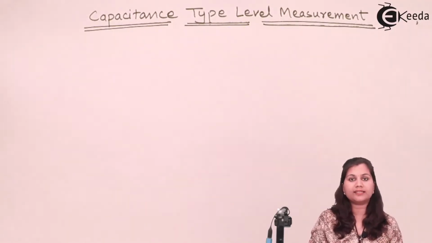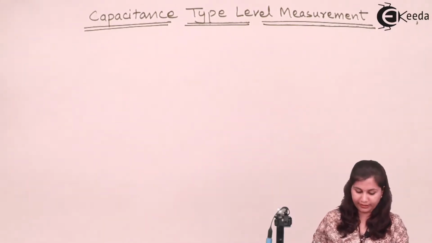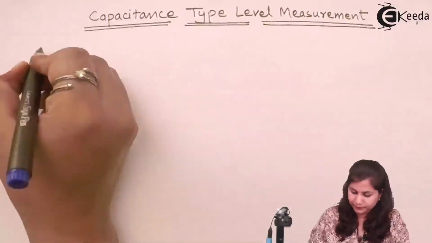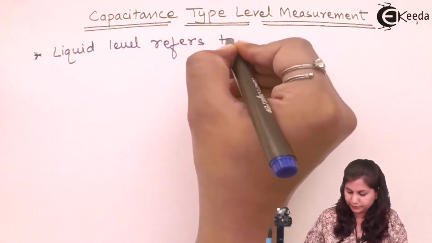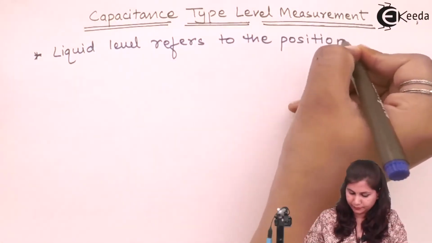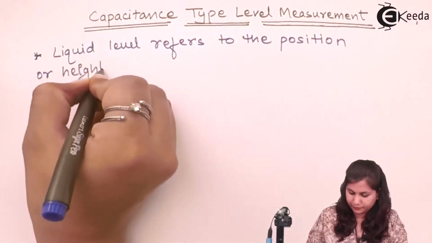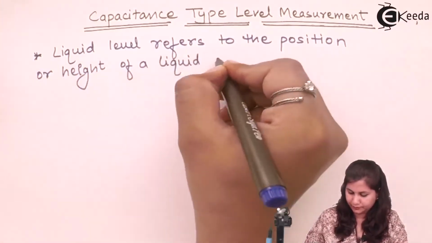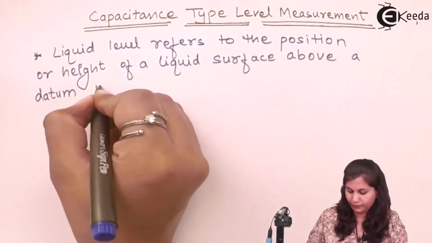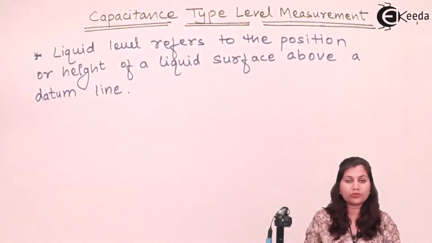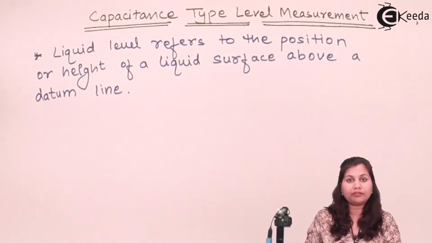So what is this liquid level? How can we define it? Whenever we want to find out the amount of the liquid, we measure the level of the liquid which is contained in a container or a vessel.